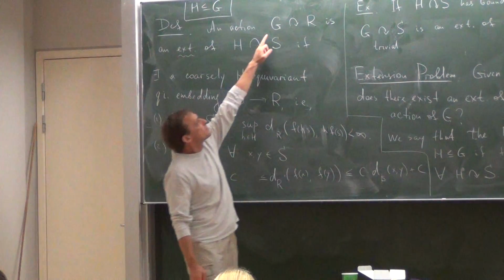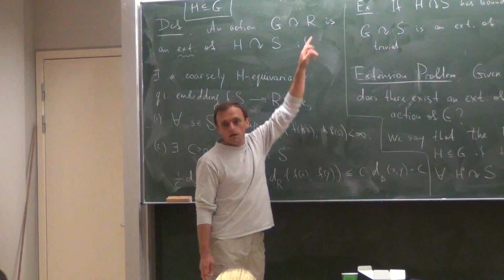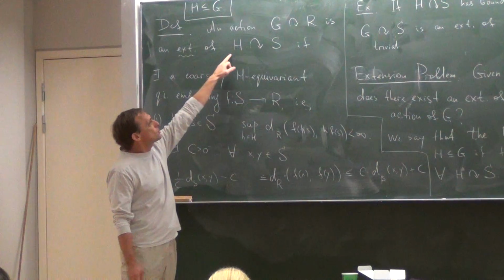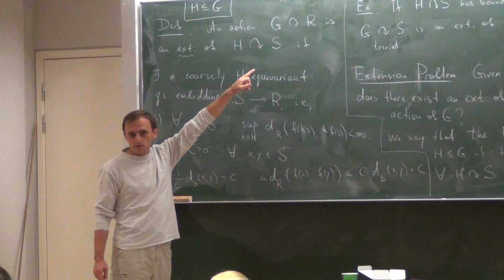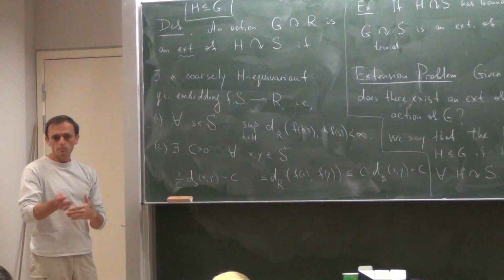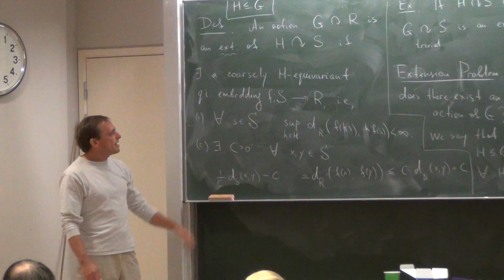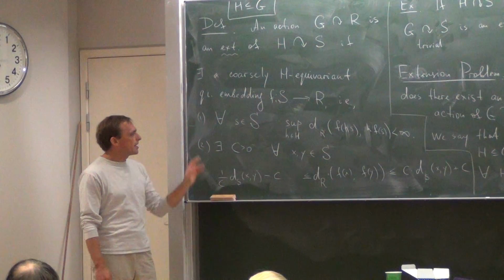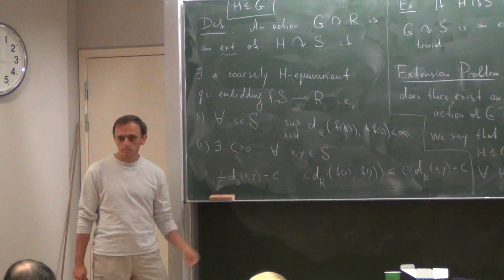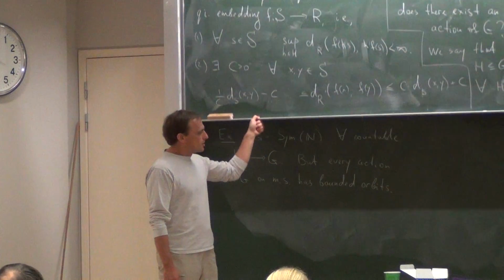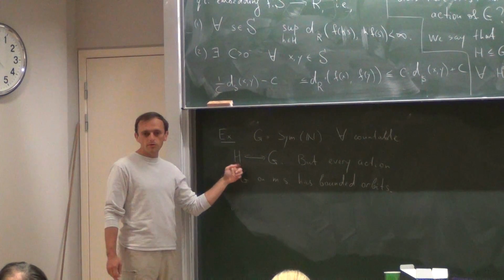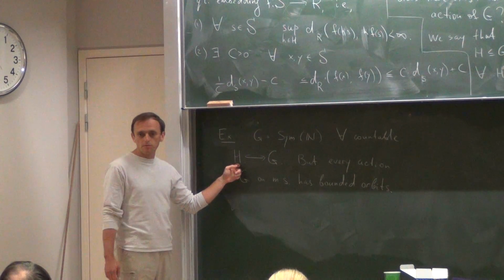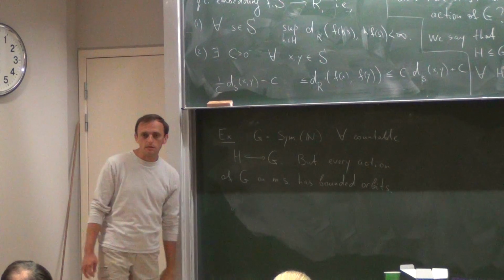And G has bounded orbits on R. It follows from the definition that H also has bounded orbits on S. Because having bounded or unbounded orbits is invariant under maps which are coarsely H-equivariant quasi-isometric embeddings. Right? So in this case, no action with unbounded orbits can be extended.